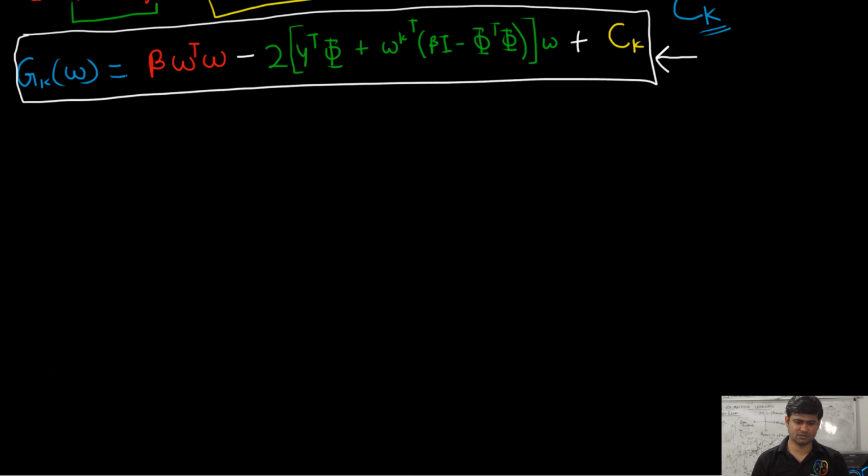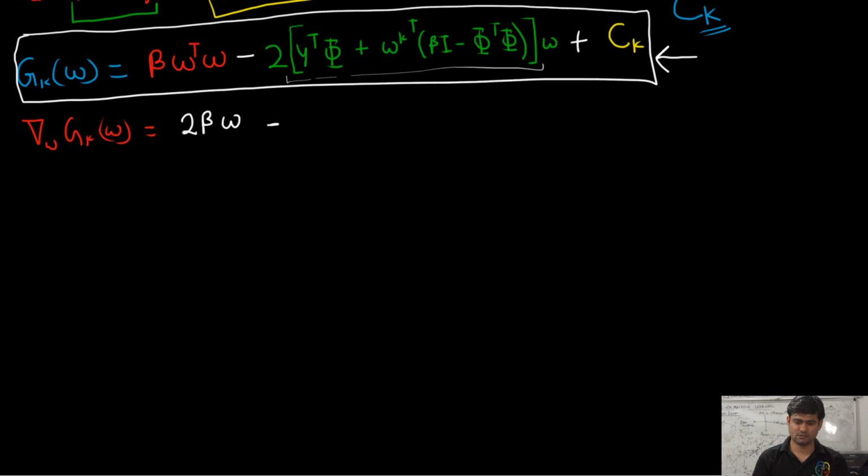So the gradient of this function is simply equal to twice of beta times w minus the transpose of this term.